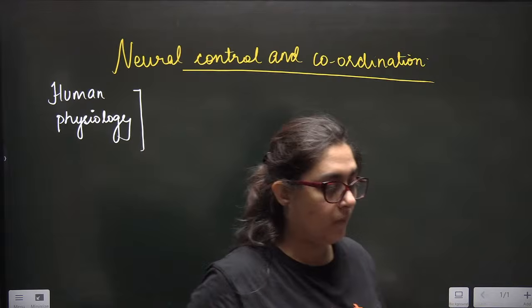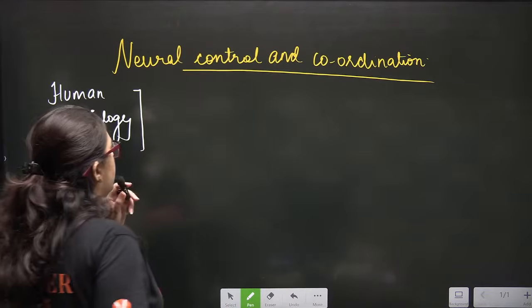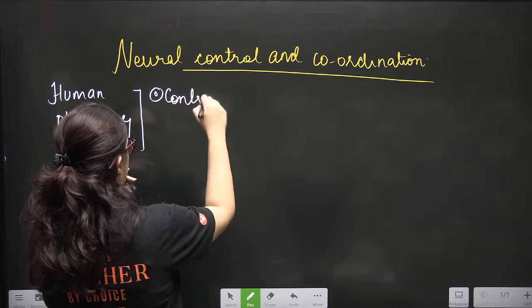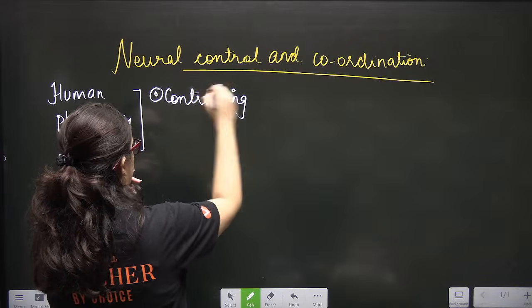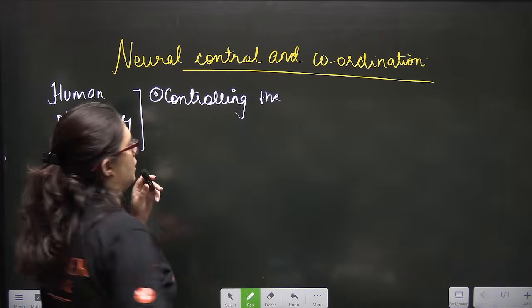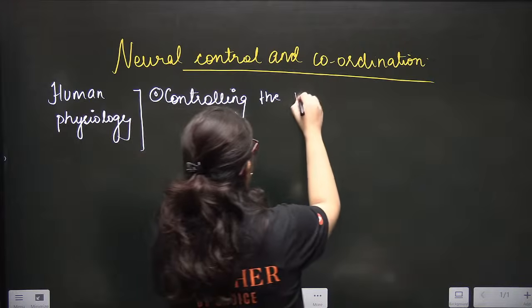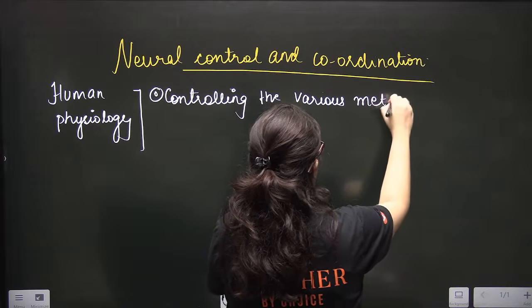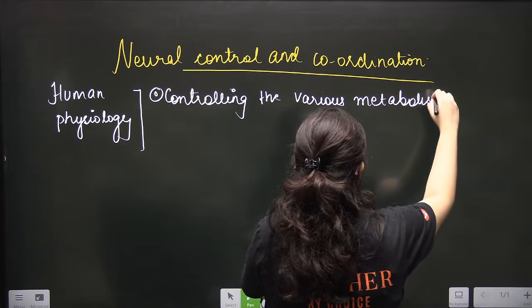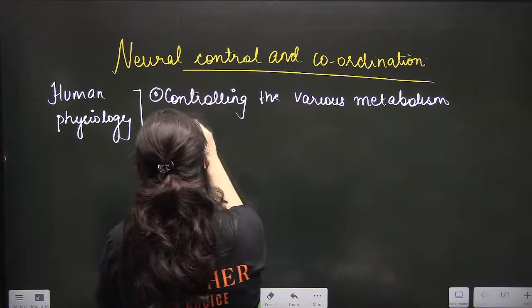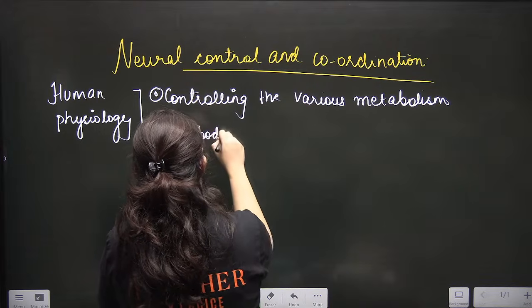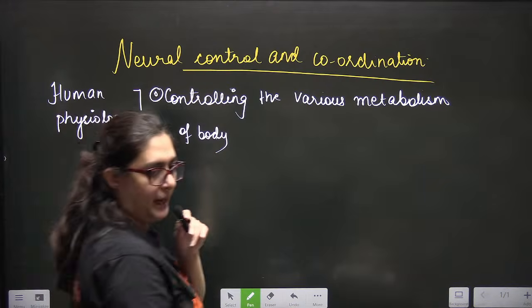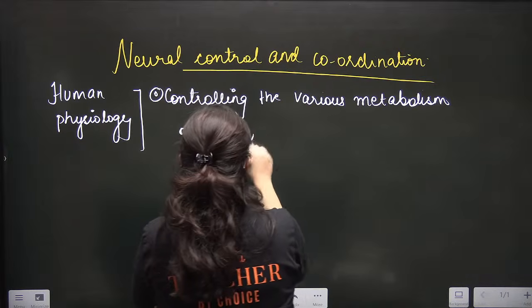Now, this chapter deals with controlling the various metabolism of the body by neurons.